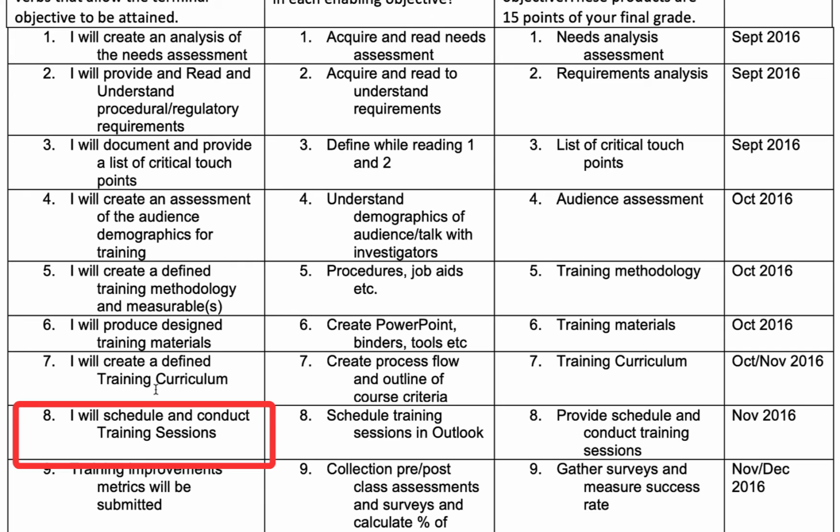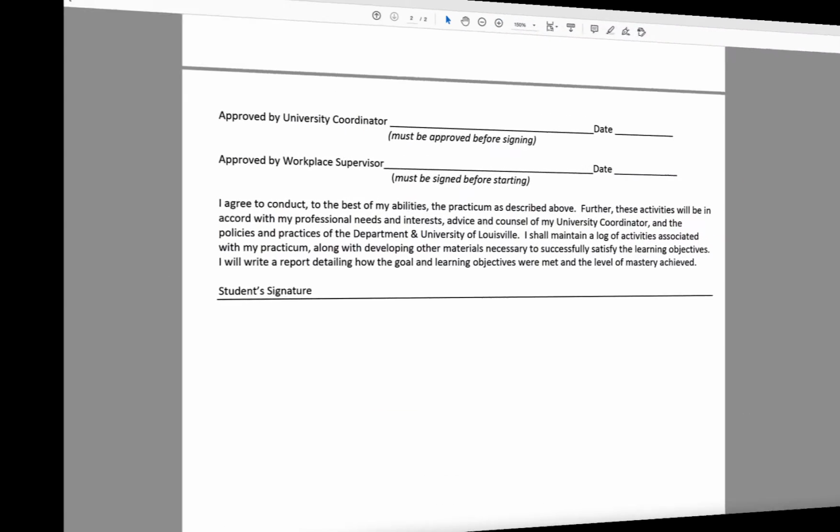I will schedule and conduct training sessions. So therefore, schedule is a verb in this case. Conduct is a verb. So they're using action verbs, something that can be observed. And then the activity is to actually schedule it in Outlook. And then the product is to provide a schedule and conduct the training sessions.